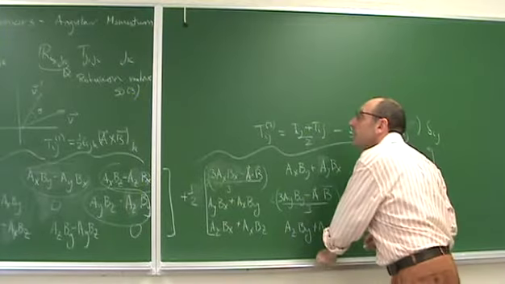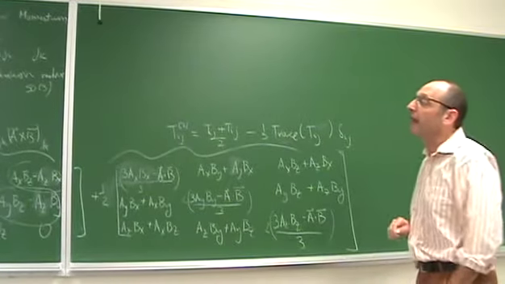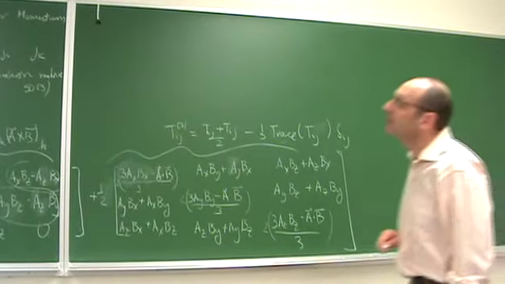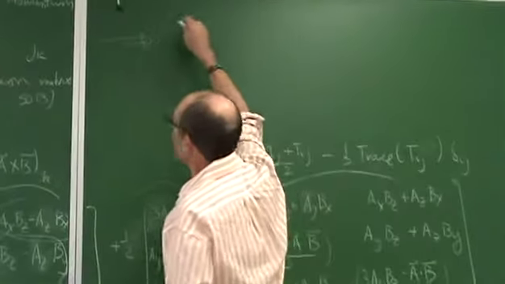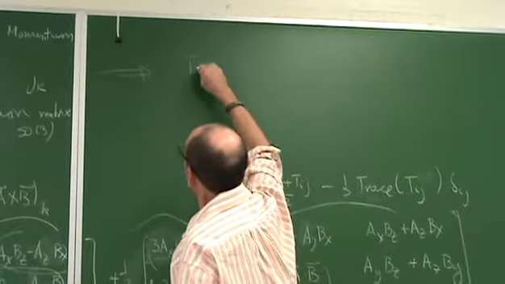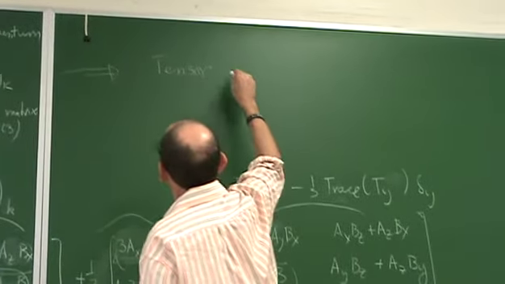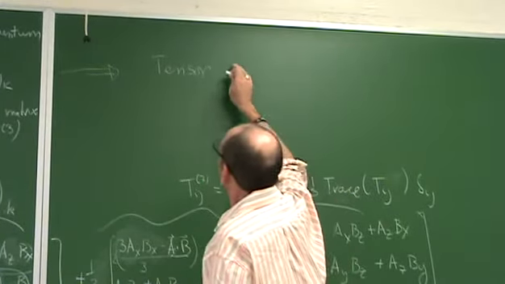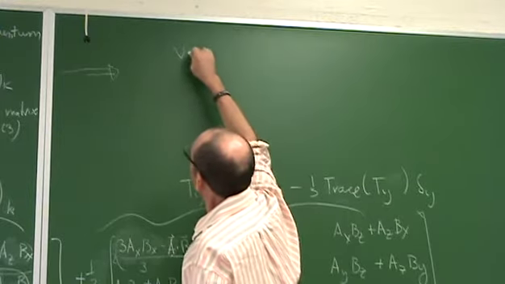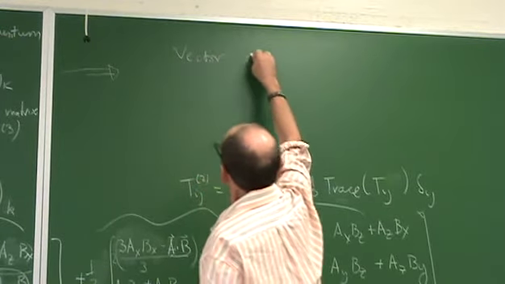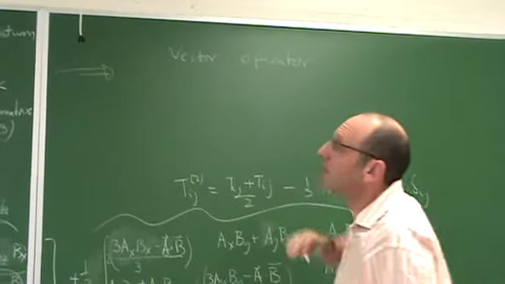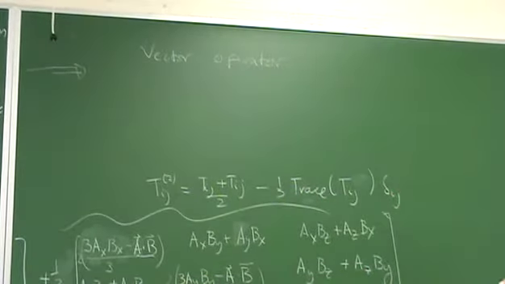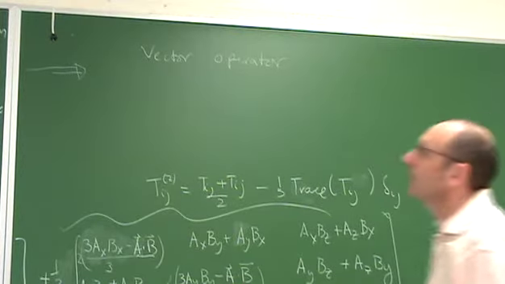Now, before I get to that irreducible stuff, let me just say what we said last time, which is the notion of a tensor. Well, we've had first what we call the vector operator, which was a generalization of how the position operator transforms under a rotation.